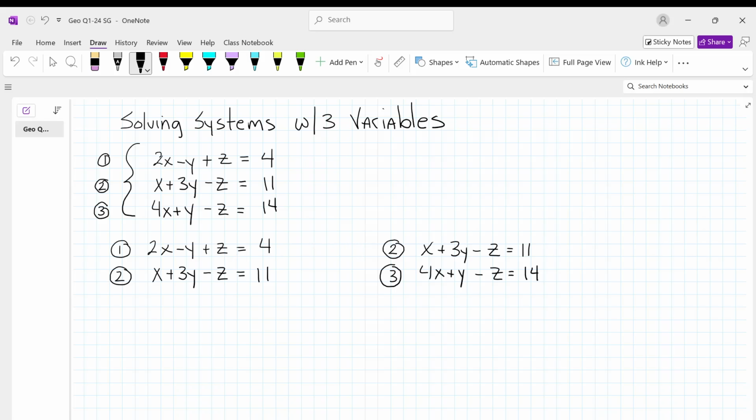All right, so now the next thing that we're going to do is we're going to eliminate a variable. And if you look at equations 1 and 2, if we add these equations together, won't the z go away? All right, so look, we are going to add these two equations.